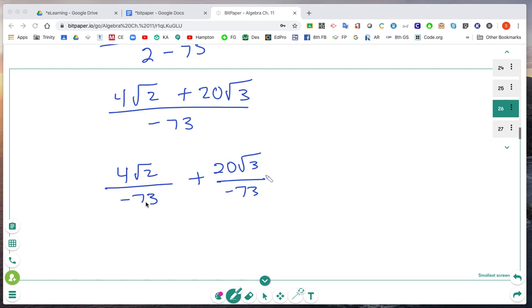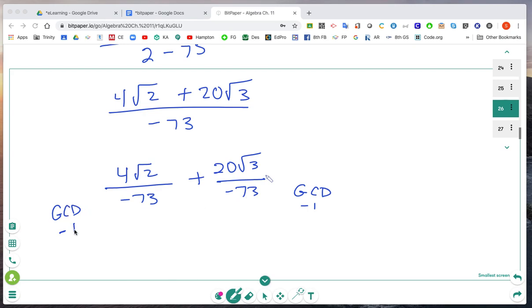So what I'm going to do is look and say, what is the GCF of 4 and negative 73? And that GCF or GCD is going to be negative 1. And what's the GCD of 20 and negative 73? So the GCD is going to be negative 1.